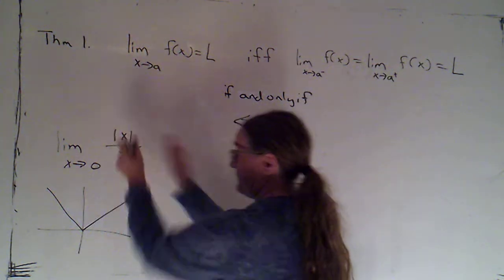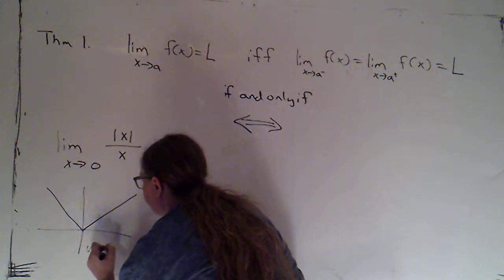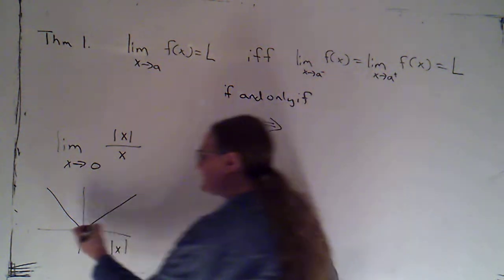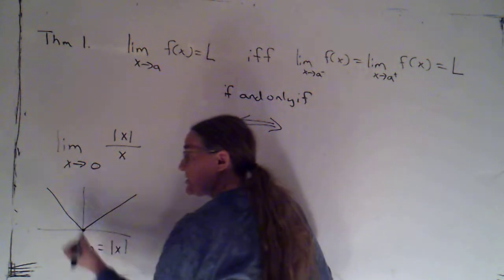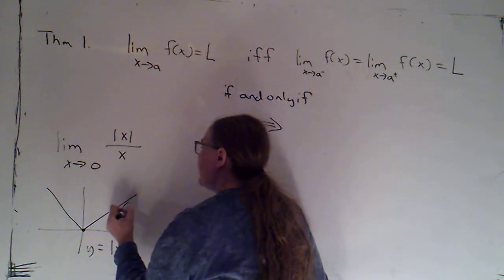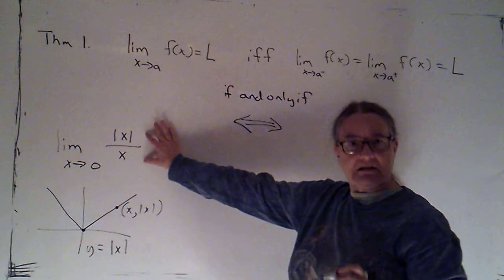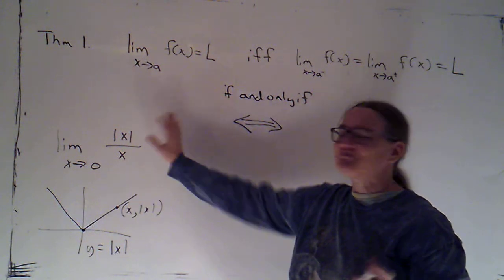So this is not a graph of this function. This is a graph of the absolute value function. But if I calculate a secant line between the origin 0, 0 and a point x, comma, the absolute value of x, that's the slope that I'm going to get.